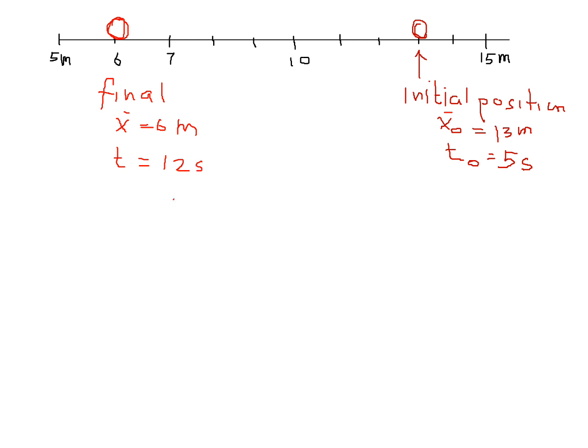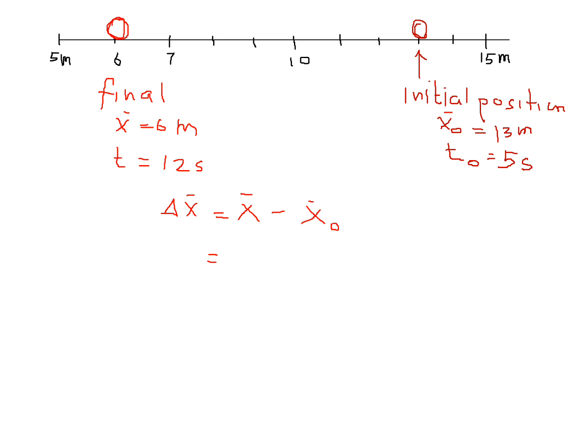If I ask you to calculate the displacement, which is delta x, which is equal to the final position minus the initial position. Okay, so all of these need to have bars on top, which indicates they are vectors.